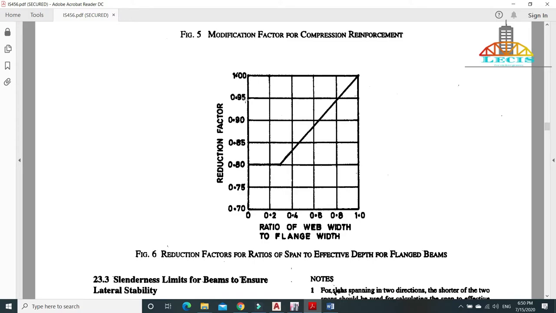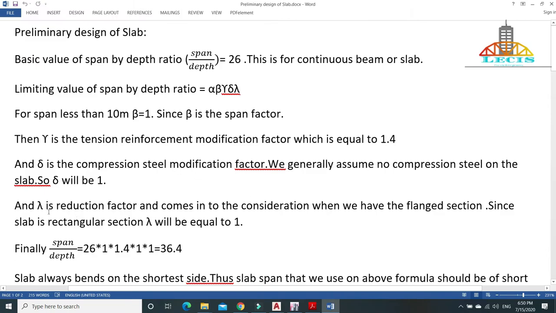Since the slab is a rectangular section whose web width to flange width ratio is 1, that is simply for a rectangular section the reduction factor will be 1, because the ratio of web width to flange width will be equal to 1, and for 1 you can see the value of reduction factor is 1. So lambda is the reduction factor that comes into consideration when you have a flanged section. Since the slab is a rectangular section, lambda will be equal to 1.